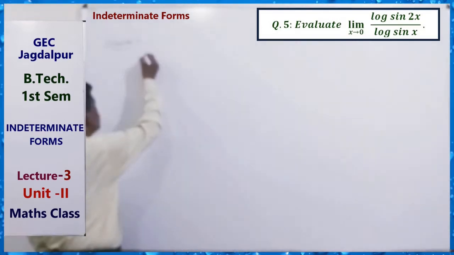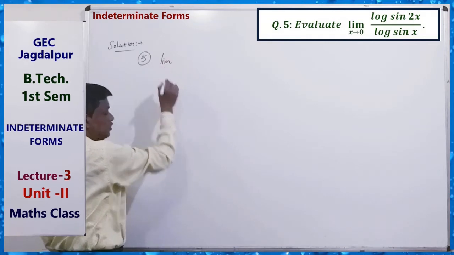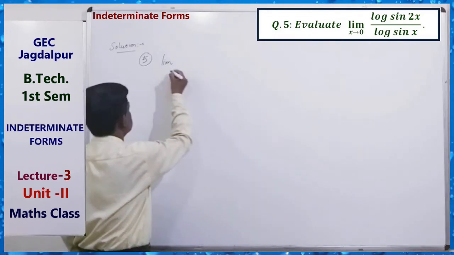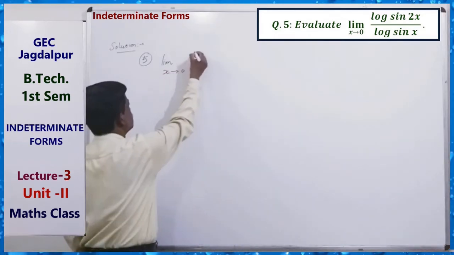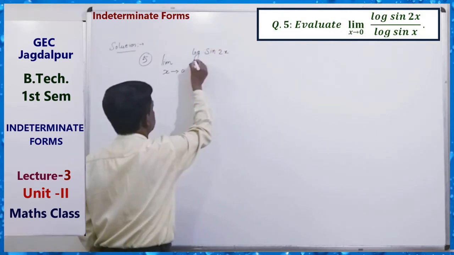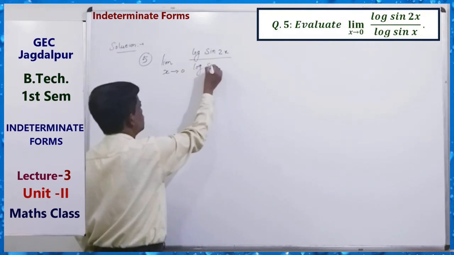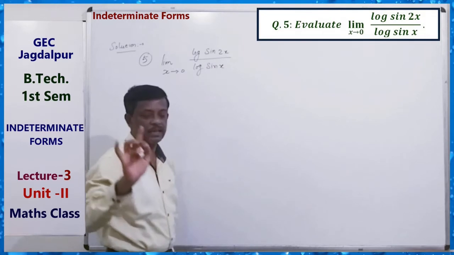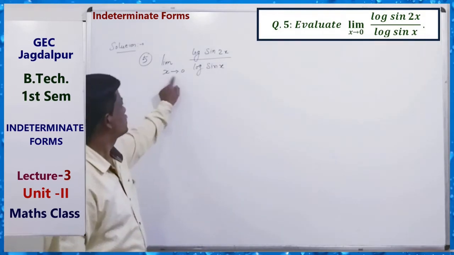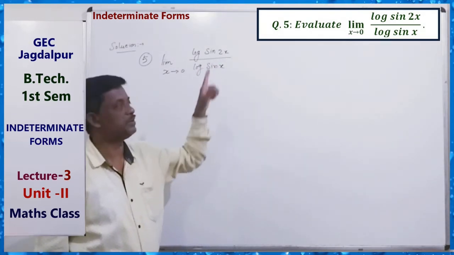So take question 5. Limit x tending to 0 of log sin 2x by log sin x. As x tends to 0, sin 2x means 0, so log 0 by log 0, which tends to infinity by infinity form.